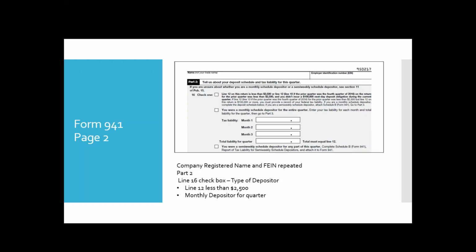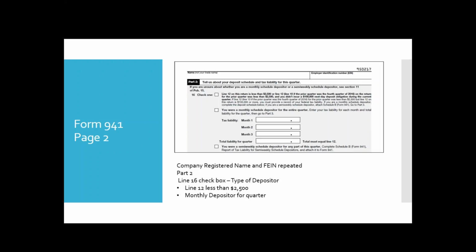So back to the form, line 16 will identify what type of depositor you are. And it starts out assuming that you haven't met that $100,000 rule. It's going to refer back to what type of depositor you are depending on your tax liability for the current quarter, and looking back to line 12 of this current form, the result of your total taxes after adjustments and credits.